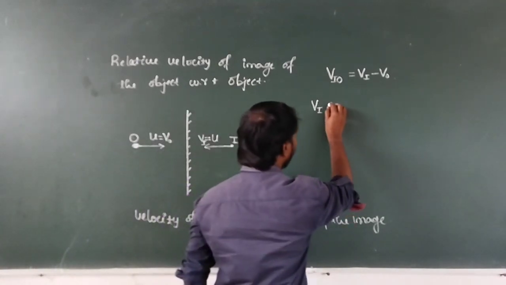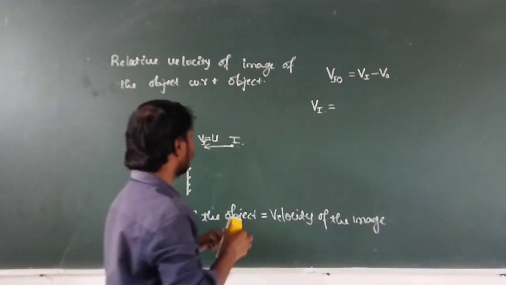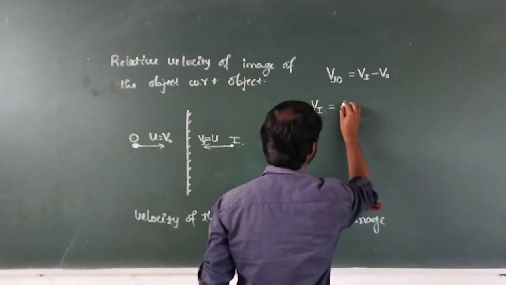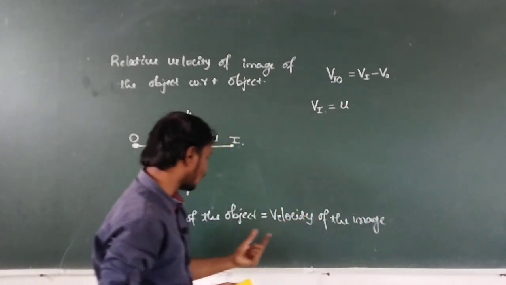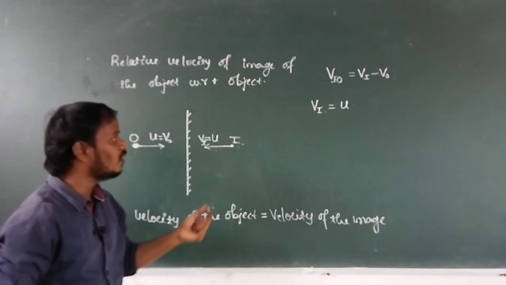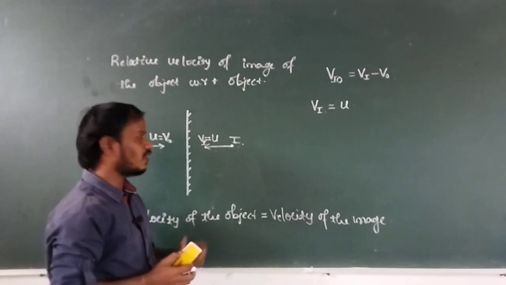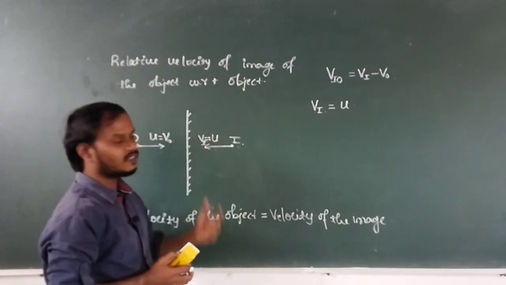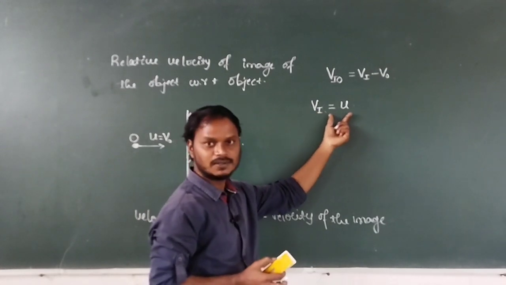Then V_I is equal to plus u. The velocity of the image is equal in magnitude to the velocity of the object, as I already said. And why is V_I equal to plus u? Because the image is on the right side, the velocity of the image can be taken as plus u.